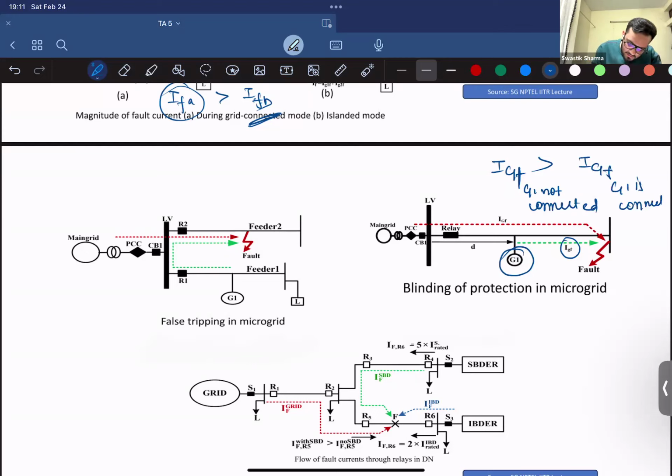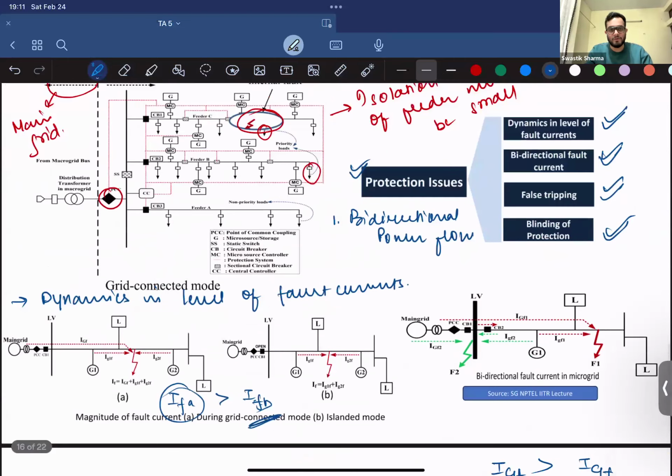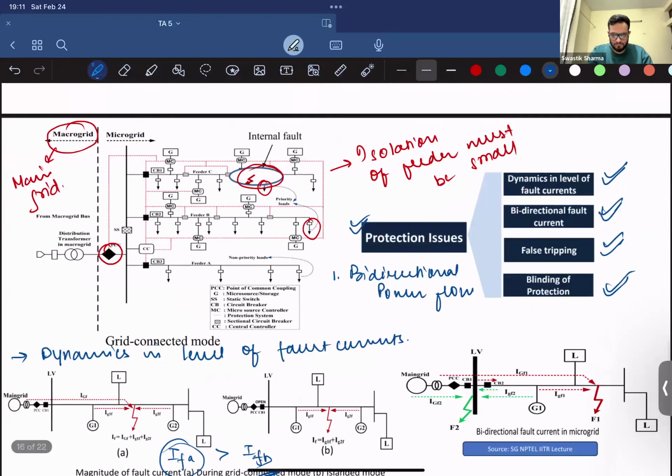Why is that? Since IF is constant, it is now being supplied with two currents, which is IGF and the small IGF, right? And this IGF will become smaller. So what will happen? Your relay won't be able to sense this current, and your protection will be blinded by a fault. So these are some issues that happen in the smart grid due to microgrids.